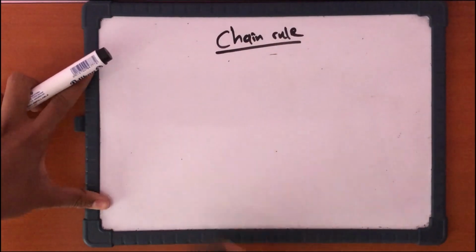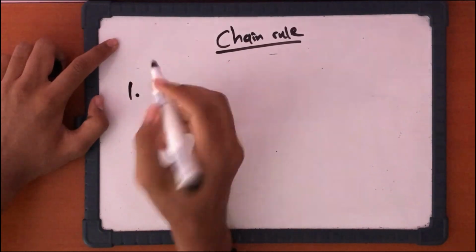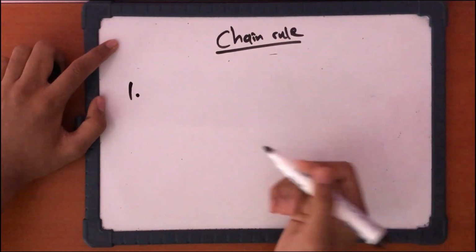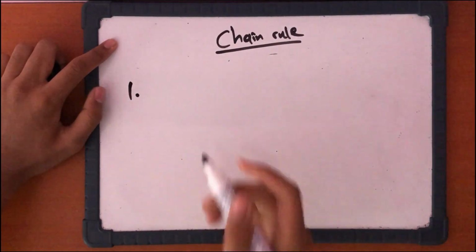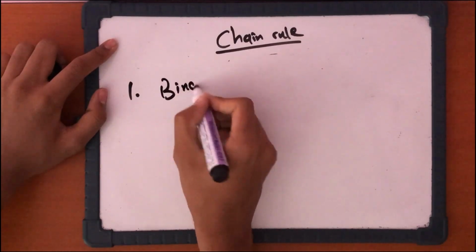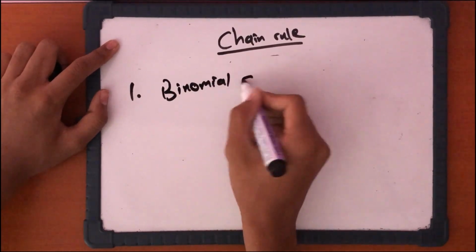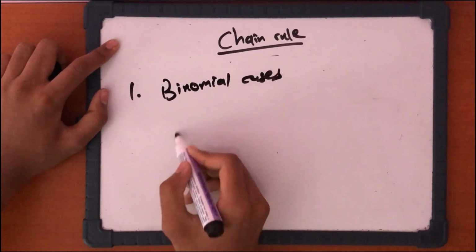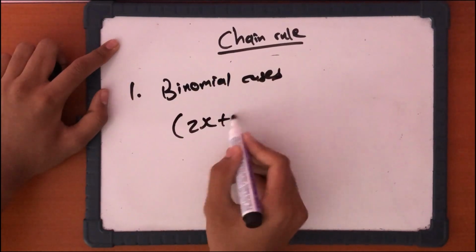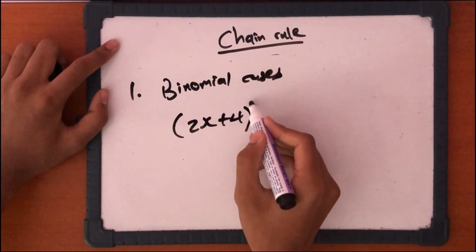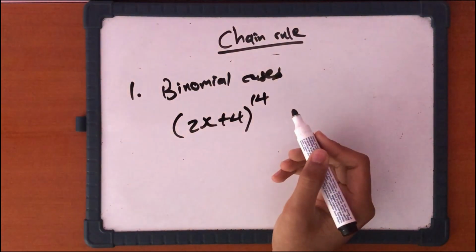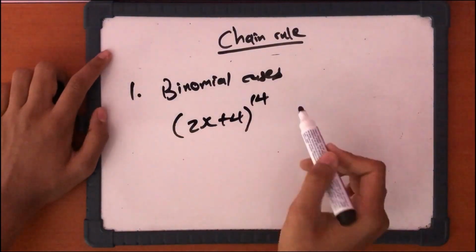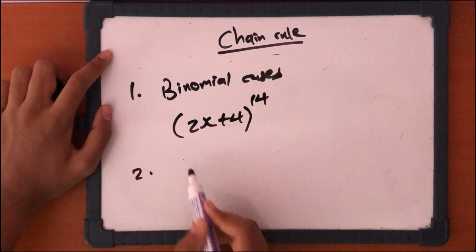So to summarize, chain rule can be used in binomial cases, although it's not exactly that. Binomial cases are when, say, you have (2x + 4) raised to 14, any power like that. So in such a case you use chain rule.